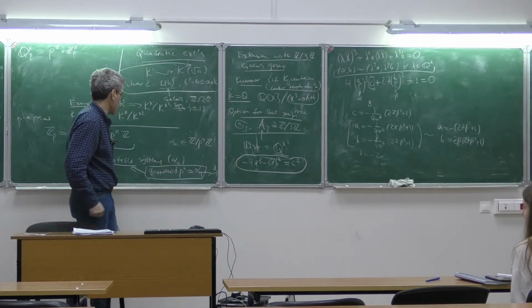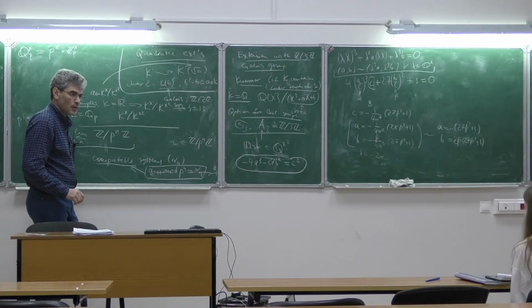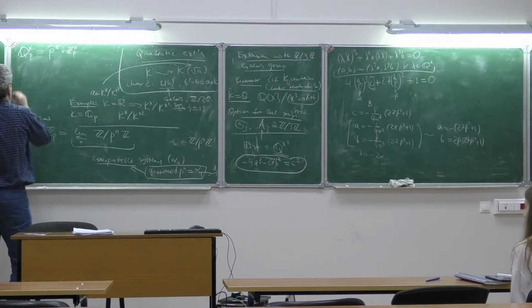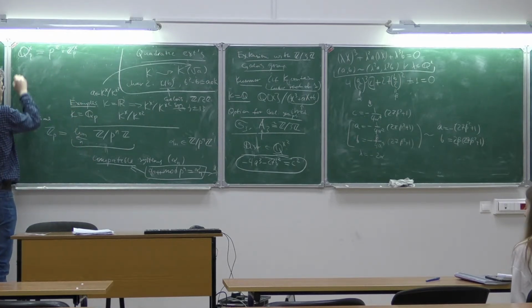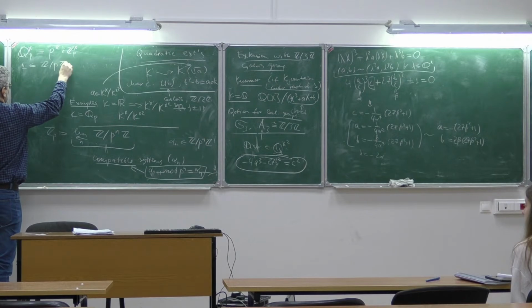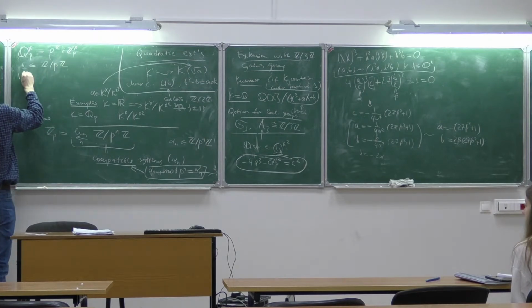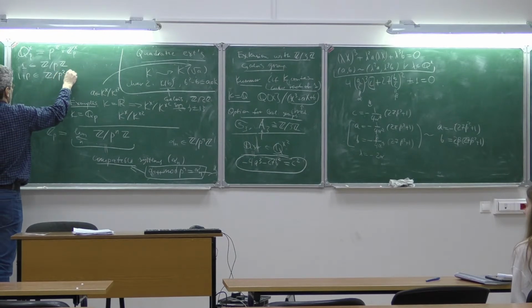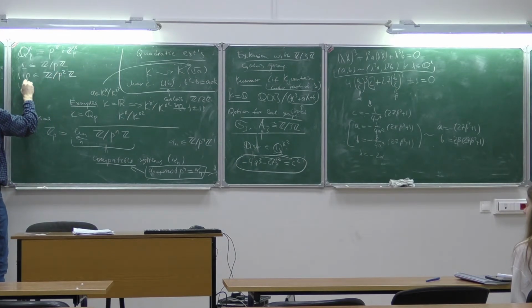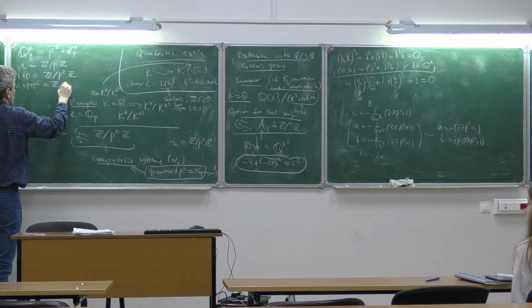So for instance, we consider z mod p, 1 plus p modulo p square, 1 plus p square, which is a residue modulo p cube, and so on.